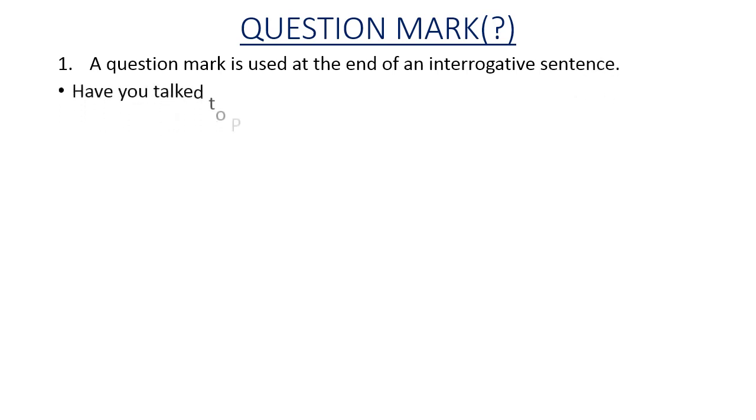Example: Have you talked to Prem? Next, What are you doing? So question marks are always put at the end of interrogative sentences, which are sentences that ask a question. For example, have you talked to Prem? Question mark. What are you doing? Question mark. Clear to everyone?